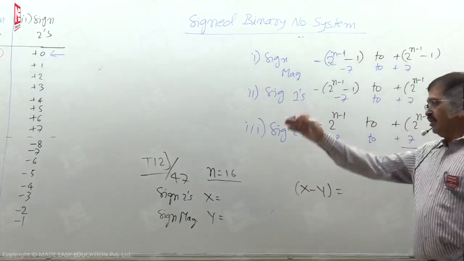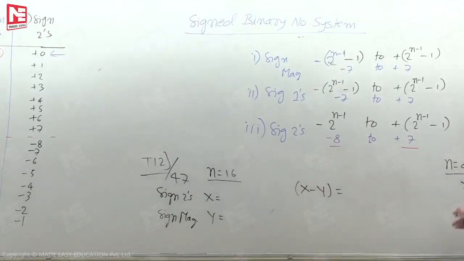If you simulate this question on 4-bit data, as on the board, how many distinct integers are there in 2's complement notation? If you count, there are 16 distinct integers. N is 4, so all 16 combinations are used. So 2 to the power of 4 gives the total number of distinct integers.